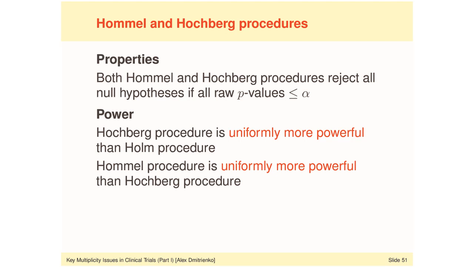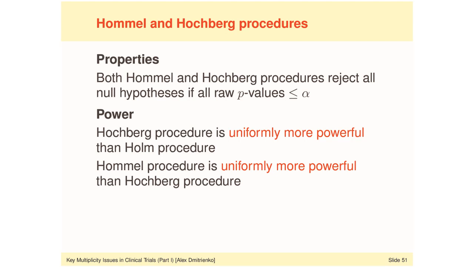It makes it very easy to predict the final outcome if all p-values are uniformly very small. But if at least one p-value exceeds alpha, then we'll need to invoke those potentially complicated step-up testing algorithms to figure out which hypotheses will be rejected by those two procedures.